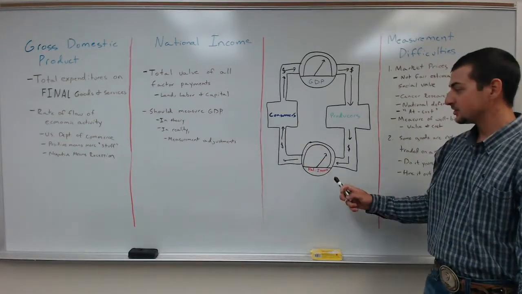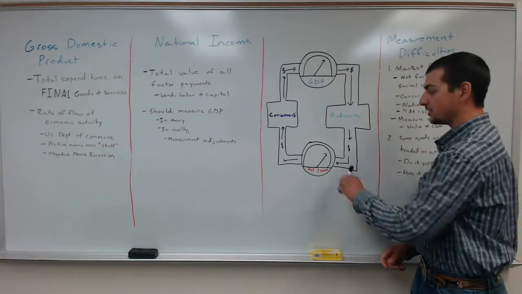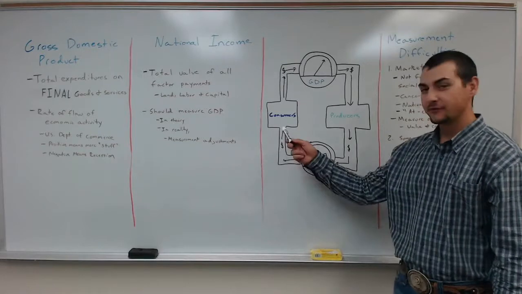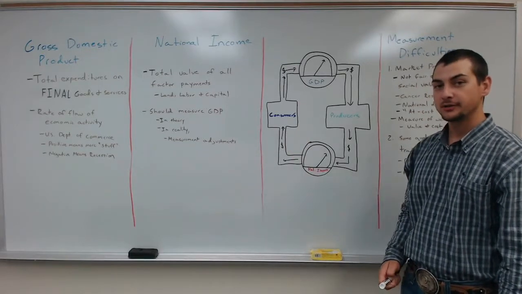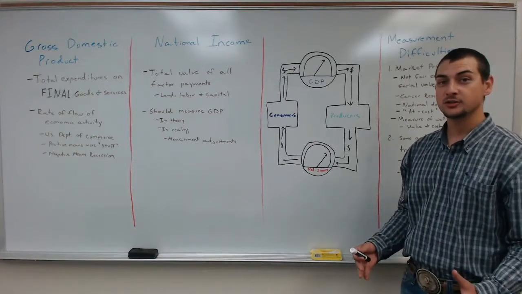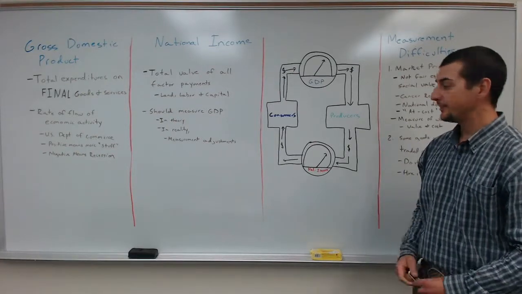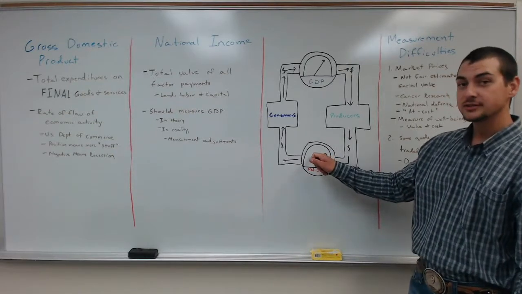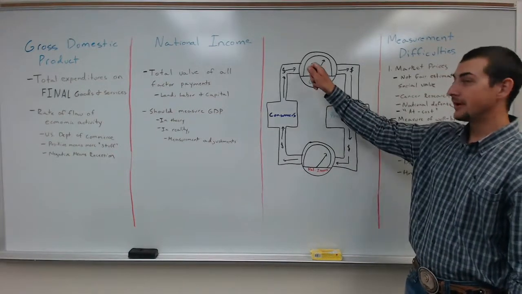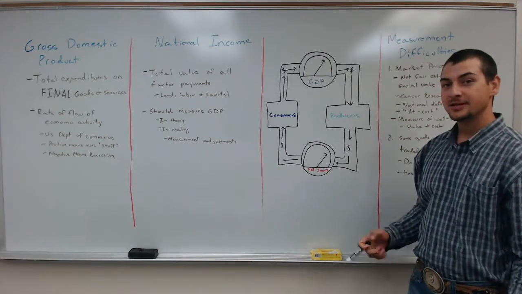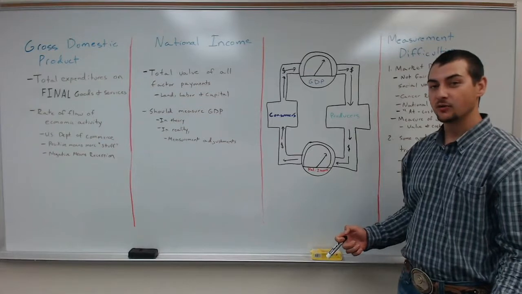Well, what national income is, we're measuring that rate, measuring how much are we paying for these factors of production? Now remember, this is a circular flow, and it's a closed circular flow. And what that means is, theoretically, the amount that we are paying in factor services had better equal the amount that people are turning around and paying for their products. Because it wouldn't make much sense otherwise.